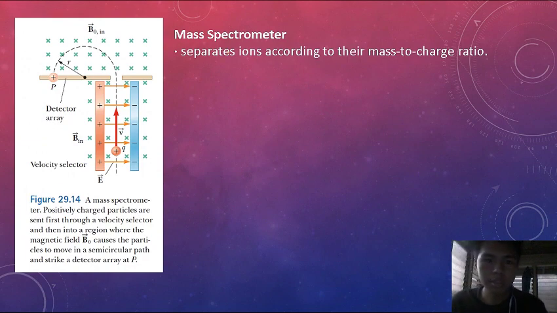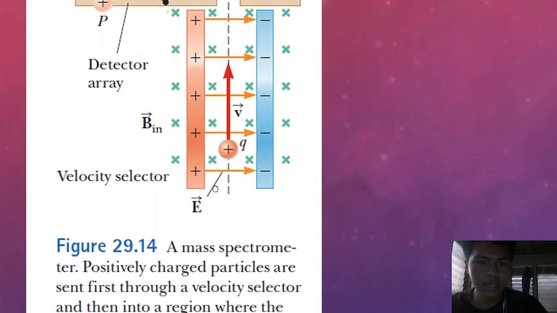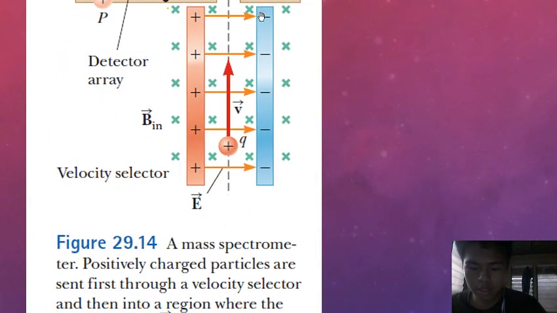We also have a mass spectrometer, in which positively charged particles are sent first through a velocity selector and then onto a region where the magnetic field B sub zero causes the particles to move in a circular path and strike a detector array at point P. So we can see here that we have a velocity selector.